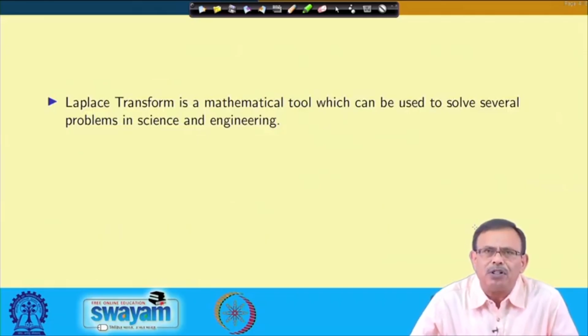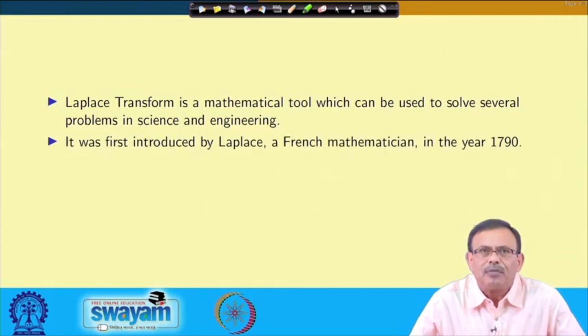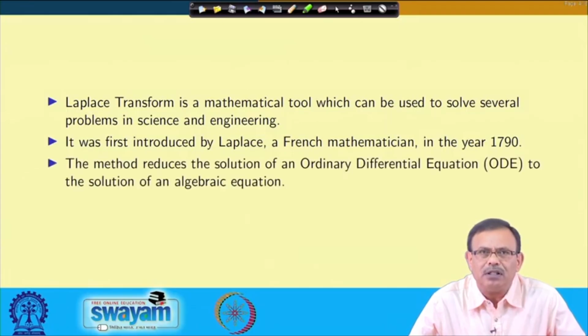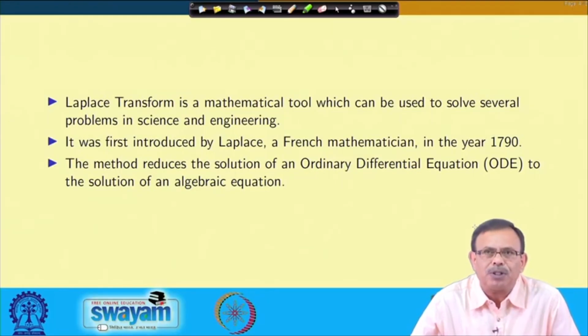The Laplace transform, as I told you, is a mathematical tool which can be used to solve several problems in science and engineering. It was first introduced by Laplace, as I told you earlier, a French mathematician, in the year 1790. The method reduces the solution of an ordinary differential equation to the solution of an algebraic equation. So, basically, if I try to solve an ODE and apply the Laplace transform, then the ODE will be converted into the other domain, and it will create one algebraic equation.